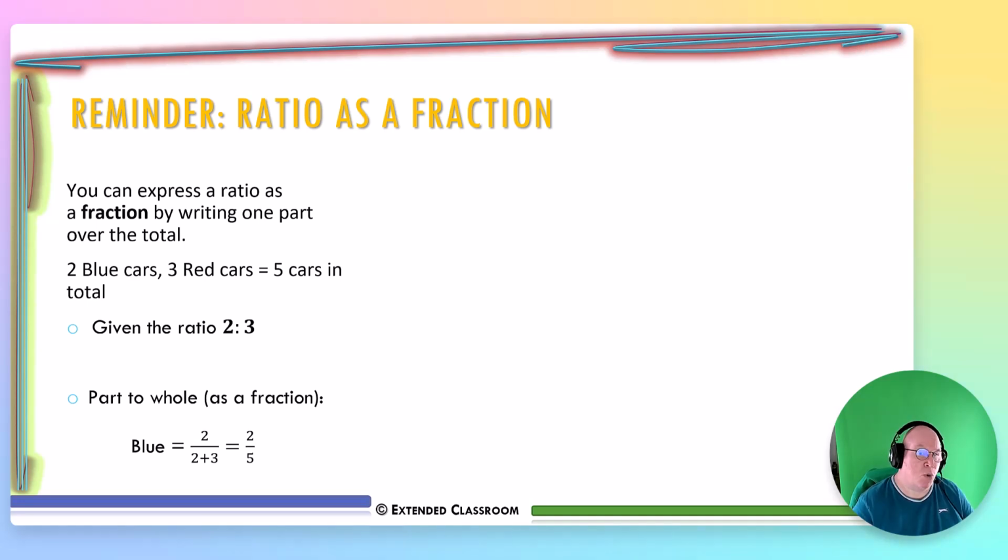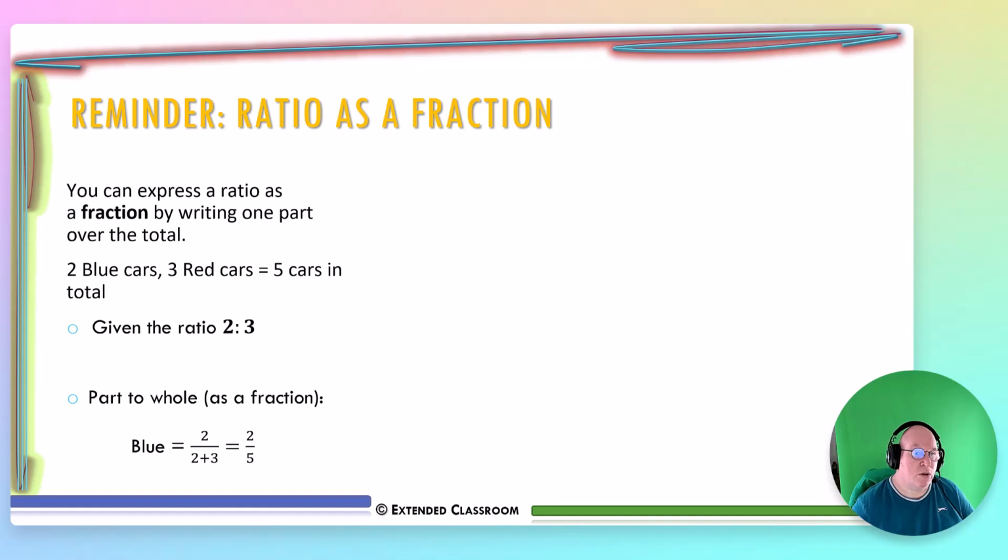So if we take the blue, as in the blue cars, there's 2 parts of, and we need a total of how many parts there would be, so we can work out that too. In this instance, there's 2 parts and 3 parts of a total of 5. So it's 2 plus 3.